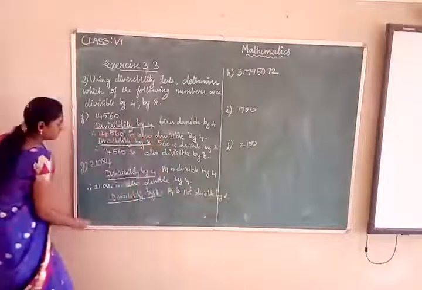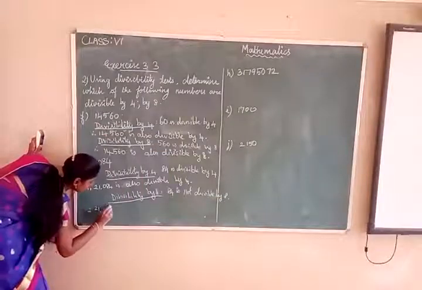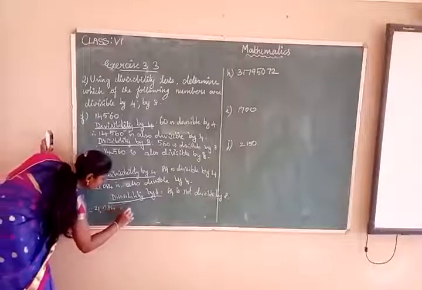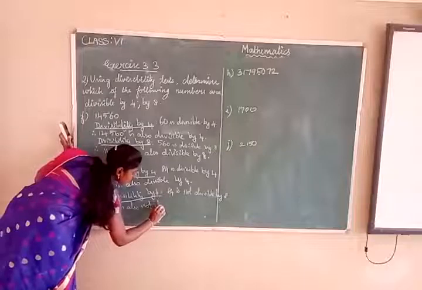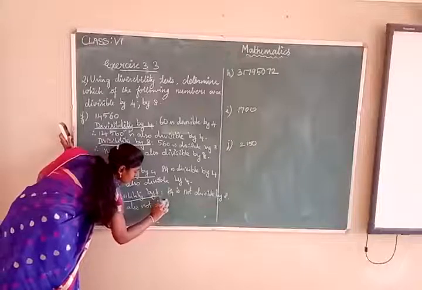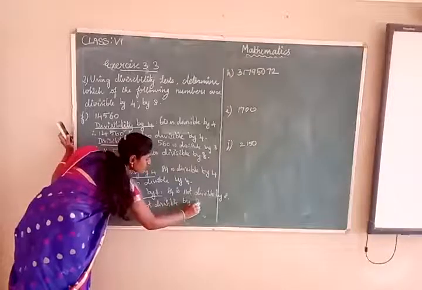Therefore, 21,084 is also not divisible by 8. Is it clear?